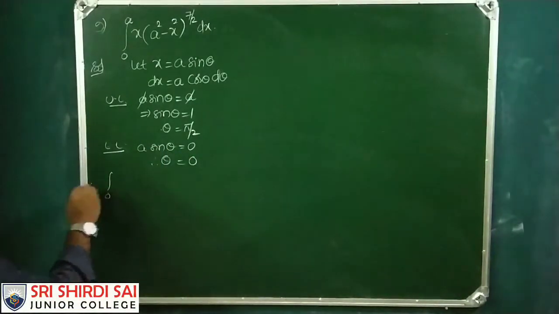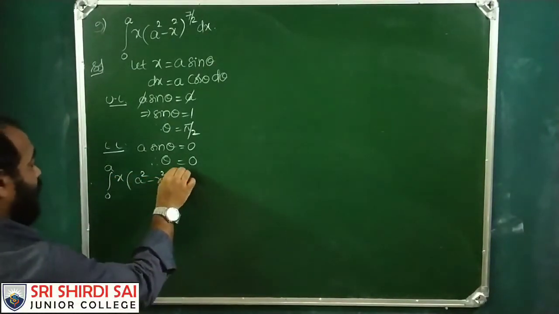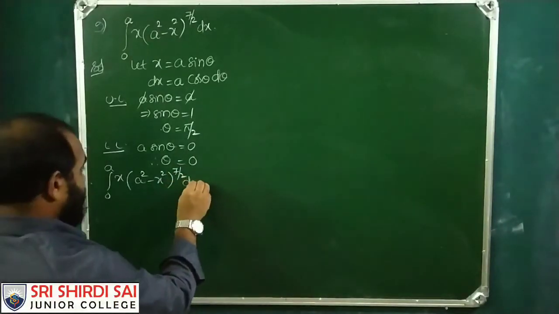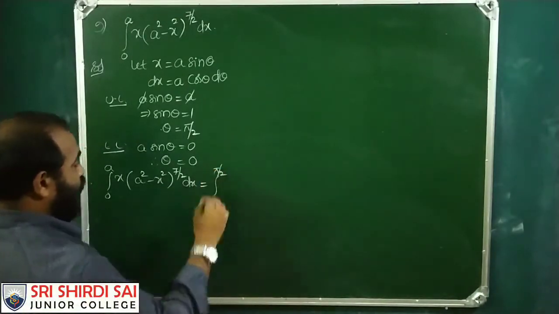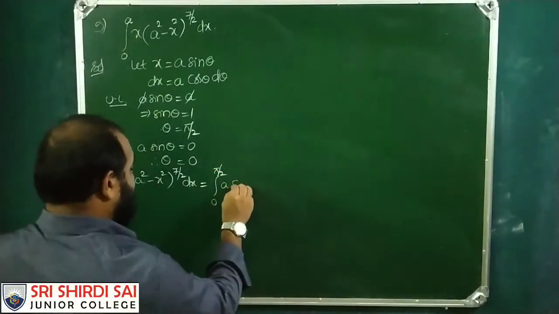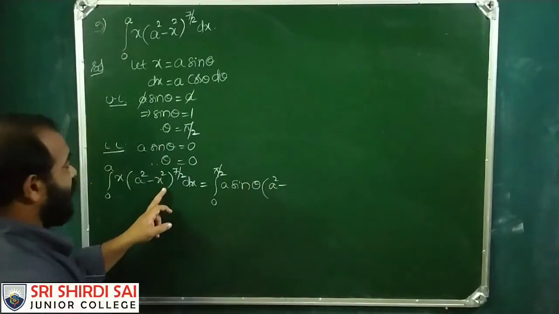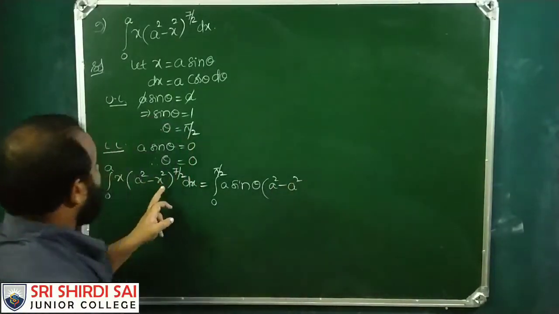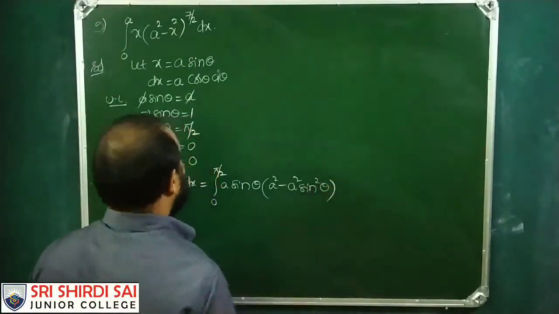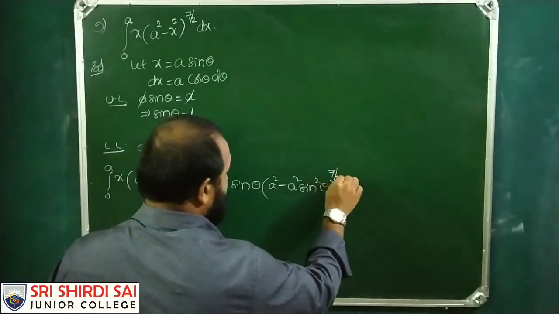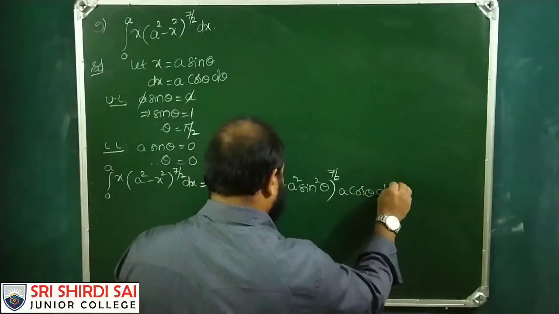Therefore the integral from 0 to a of x into (a square minus x square) whole power 7 by 2 dx becomes the integral from 0 to pi by 2. x is a sin theta, a square minus x square is a square, x square is a square sin square theta, whole power 7 by 2 into dx, which is a cos theta d theta.